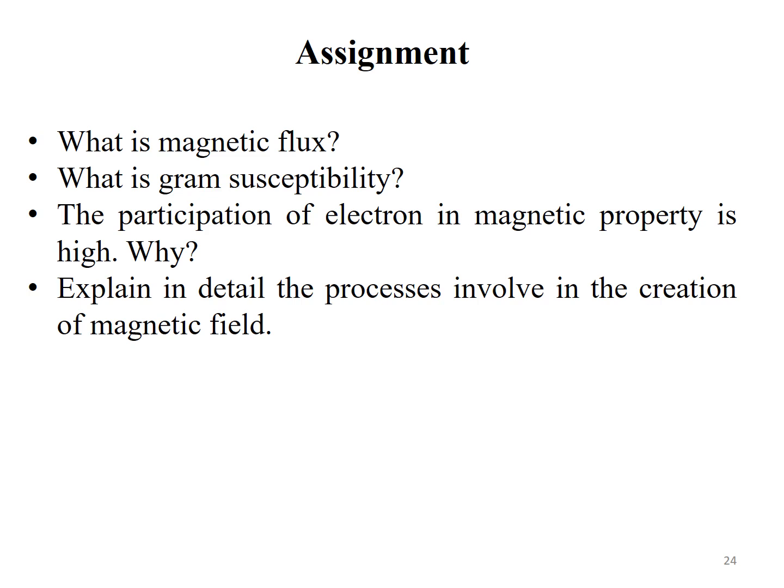And the last one is to explain in detail the process involved in creation of a magnetic field. For this one, I remember that I gave you a comparison of the flowing of electrons or current in a wire. So you can compare the orbital model of the electron with the current flowing through a wire.